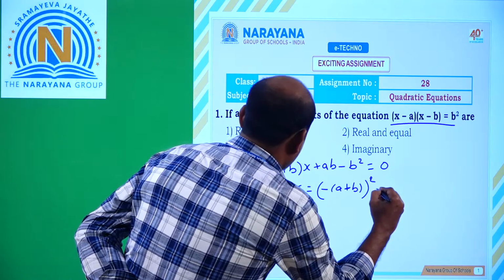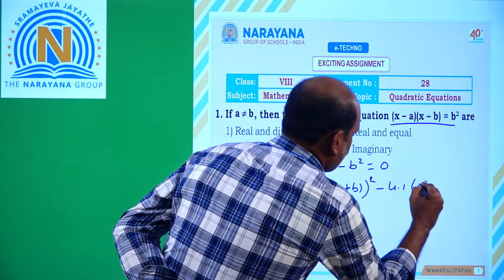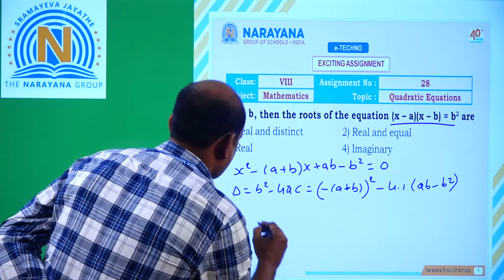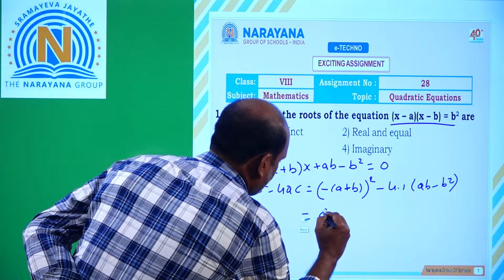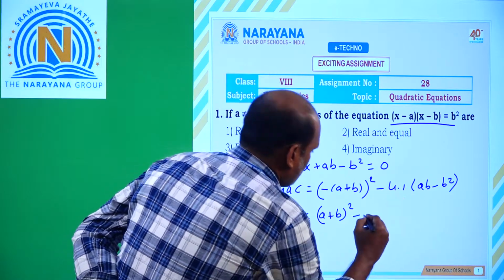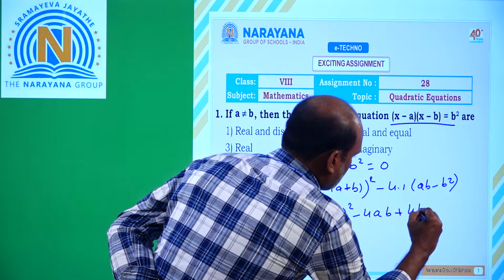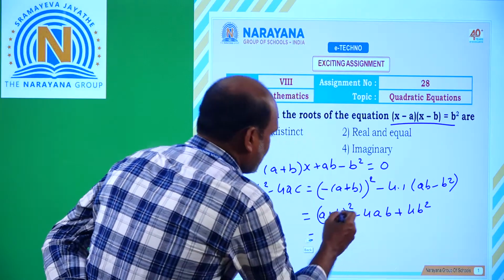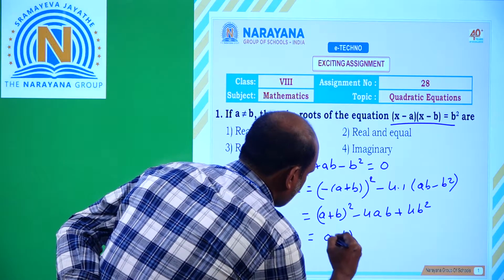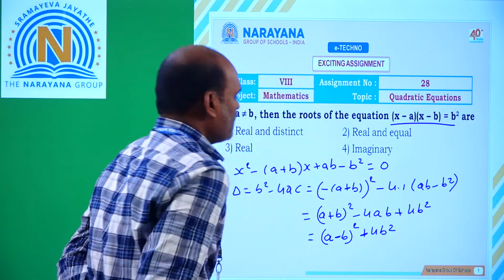whole square minus 4 into a is 1 into c is ab minus b square, that is equal to (a plus b) whole square minus 4ab plus 4b square, that is equal to (a plus b) whole square minus 4ab, that is (a minus b) whole square plus 4b square.